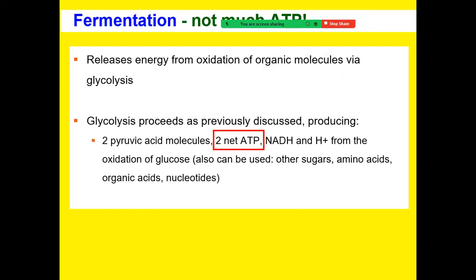A fermentation releases energy from the oxidation of an organic molecule. Usually, this happens with glucose. And glucose will usually be made by glycolysis and then released into the blood. But glycolysis proceeds as discussed, and it'll generate 2 pyruvic acid molecules, a net gain of 2 ATP molecules, 1 NADH, and then 1 H plus from the oxidation or fermentation of glucose.